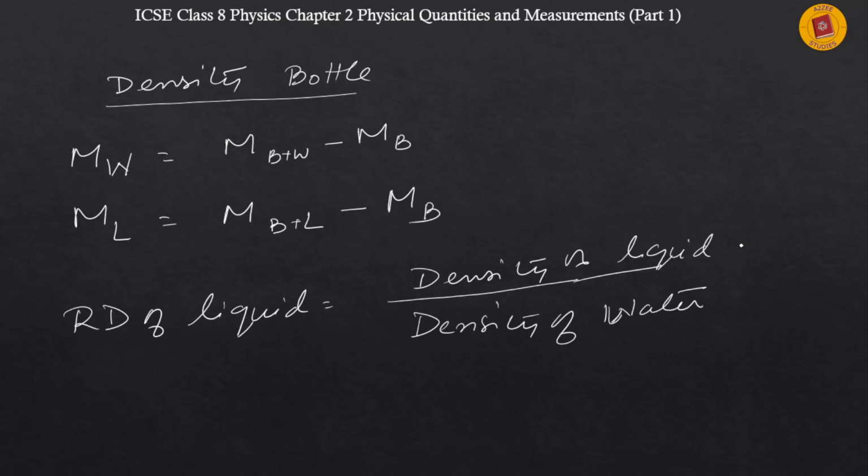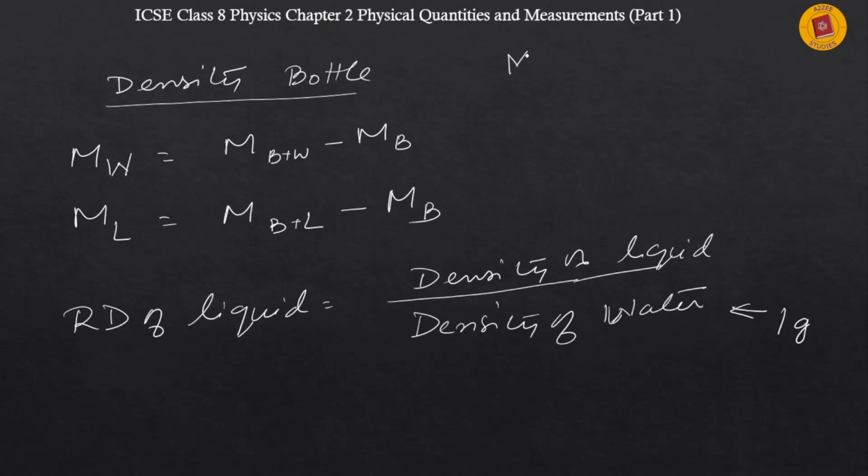Now we already know the density of water is 1. And how can we find out the density of the liquid? Just by the earlier formula, that is mass of liquid divided by volume.